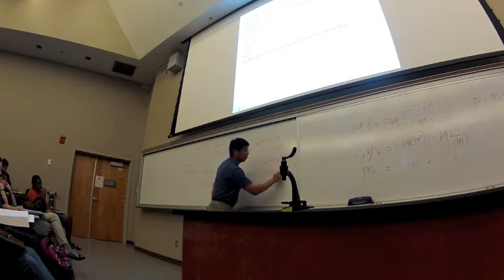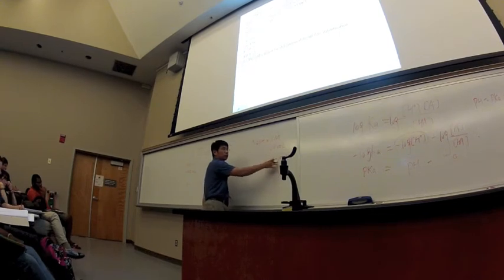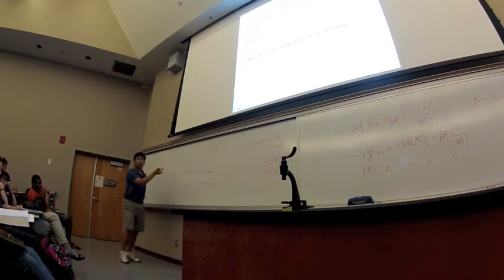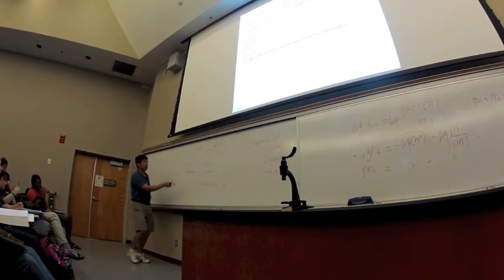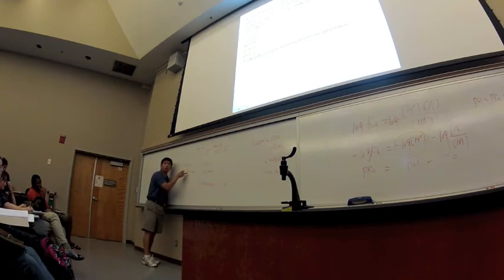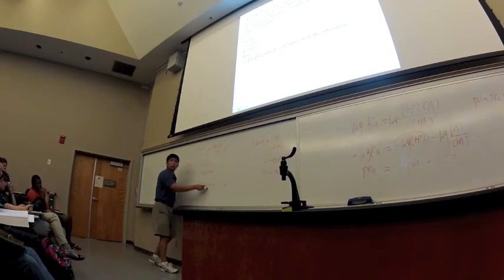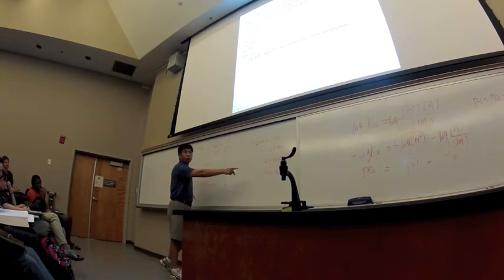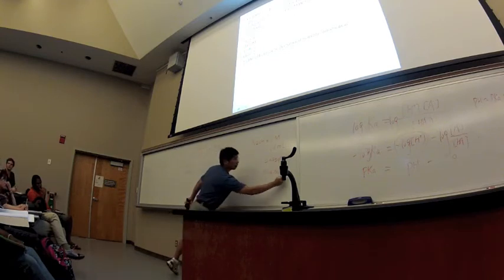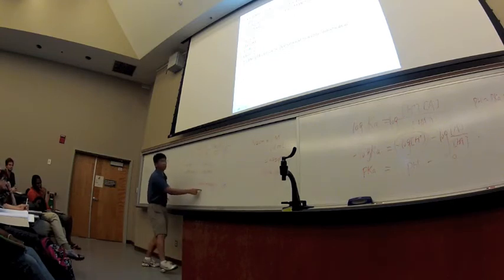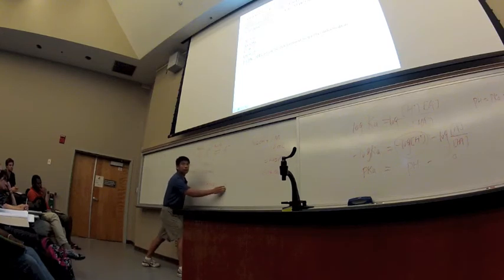We used up 0.02 of sodium hydroxide to react with this, to allow this to become 0. Whatever finished here will be added to this. And then we still have 0.04 more of NaOH in the solution. And this much will continue to react with HA to form A minus.